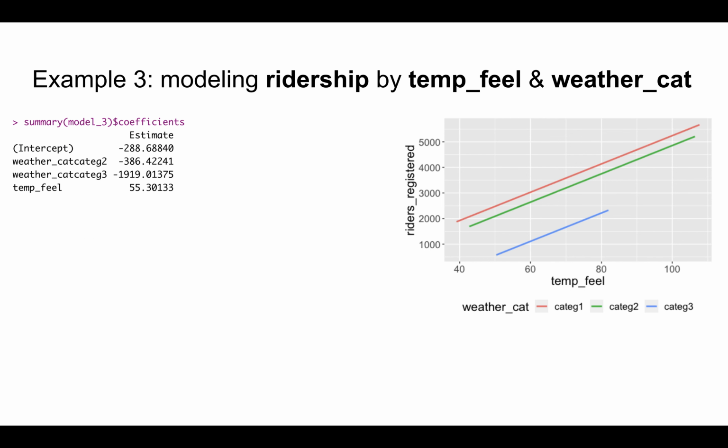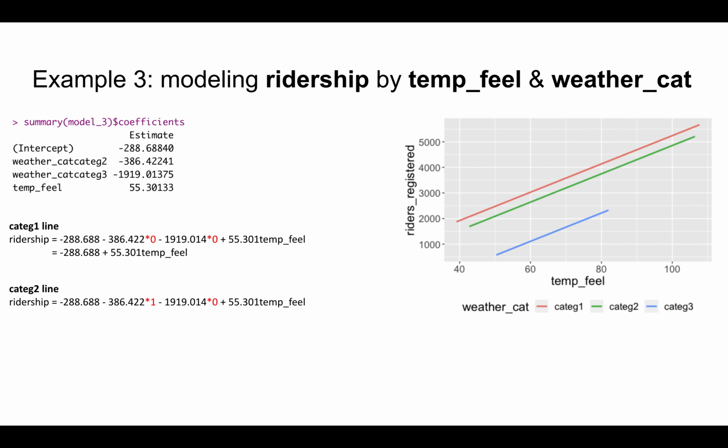First, to obtain the trend line for weather category 1, we plug in 0 for both weather categories 2 and 3. Thus, these terms simply drop out of our model, leaving us with an intercept of negative 288.688 and a slope of 55.301.